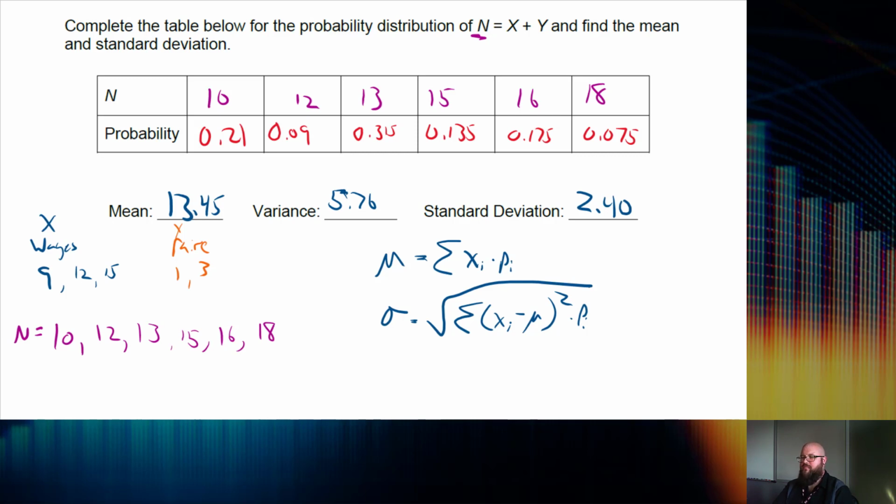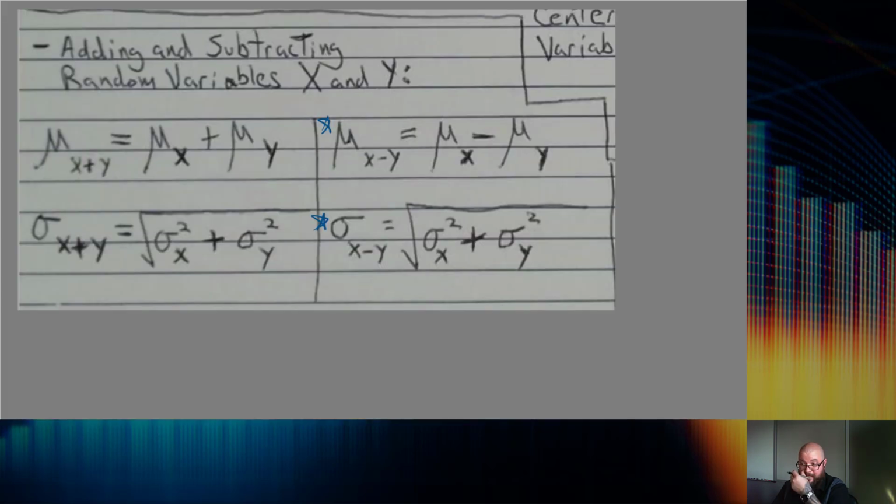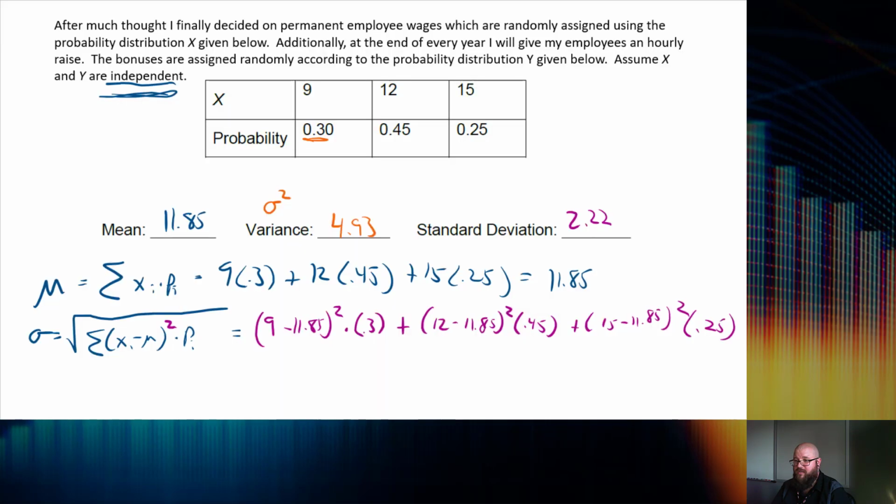Now you should see what we talked about up in the big ideas. We should be able to take the mean of the x, the initial wages, plus the mean of the raises, and add those up. That's what we should get for the mean of the n values.